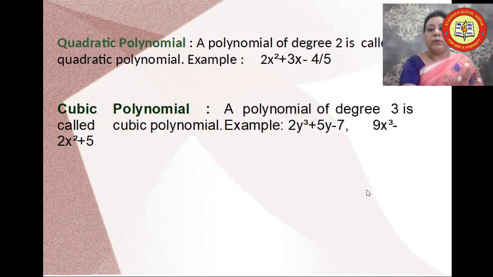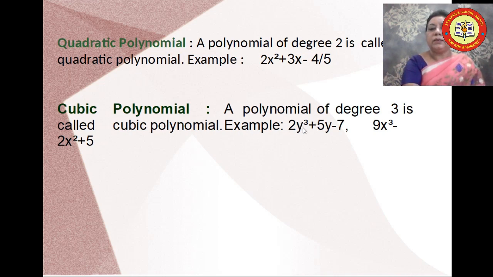For example, 2y cubed plus 5y minus 3. Here you can see, children, that there is no term with exponent 2, but that doesn't matter. Okay, why? Because the coefficient of the term with exponent 2 is 0. So it's not necessary to write it.